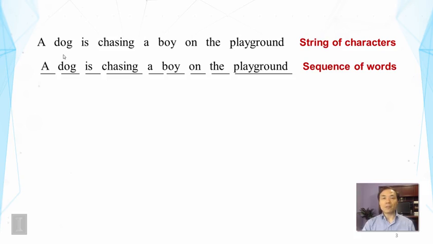However, this level of representation is slightly less general than a string of characters, because in some languages, such as Chinese, it's actually not that easy to identify all the word boundaries, because in such a language, you see text as a sequence of characters with no space in between.